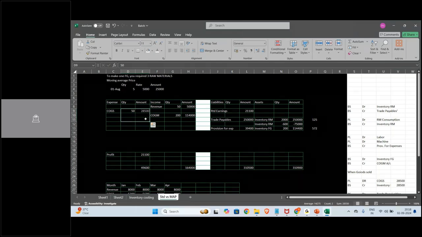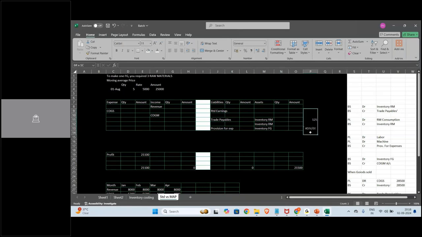Now tell me, if I buy each unit at 5,000, how much will 5 units cost me? 25,000. Agreed? So what will be the entry? Debit inventory, credit trade payable. So it will be 5 units at 25,000, and trade payables is 25,000. This is the entry.